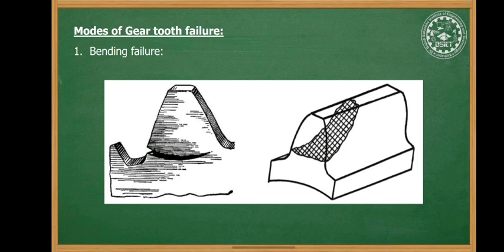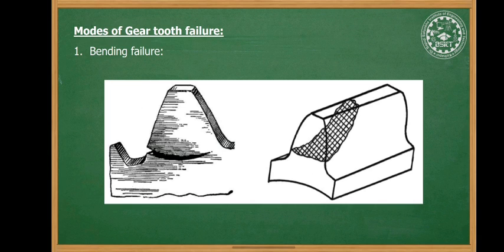Next is the modes of gear tooth failure. First is the bending failure. The figure shows the bending failure of the gear. The gear's tooth behaves like a cantilever beam subjected to repetitive bending stress.